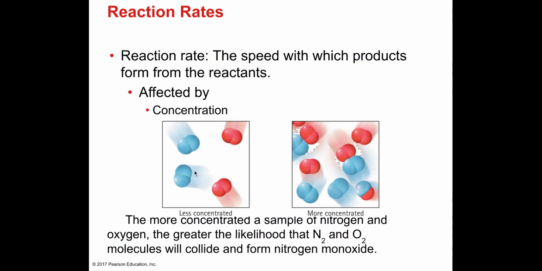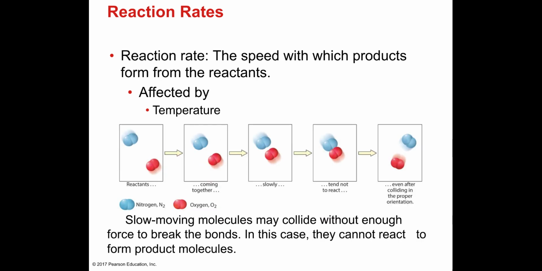So if the molecules are far away from each other, it reduces the chances that they will hit one another. Okay. And so a reaction that takes place in a more concentrated medium has a higher chance of taking place faster than one with a less concentrated medium.